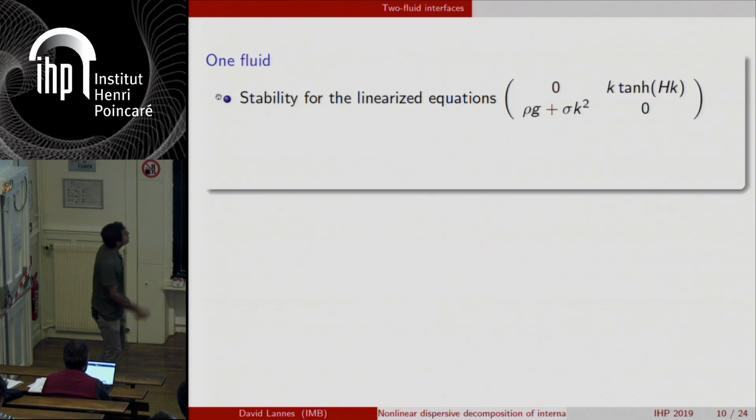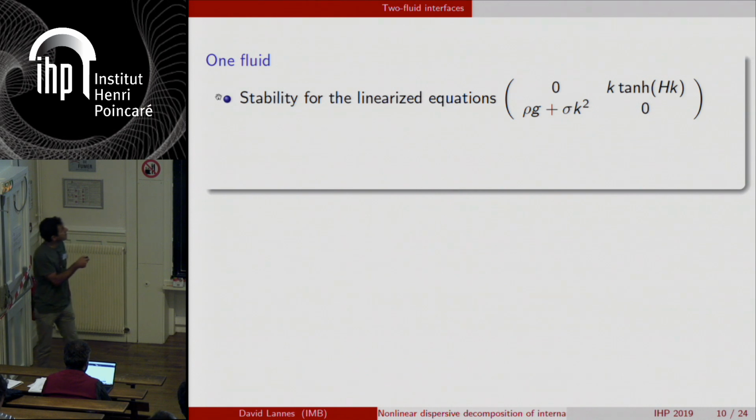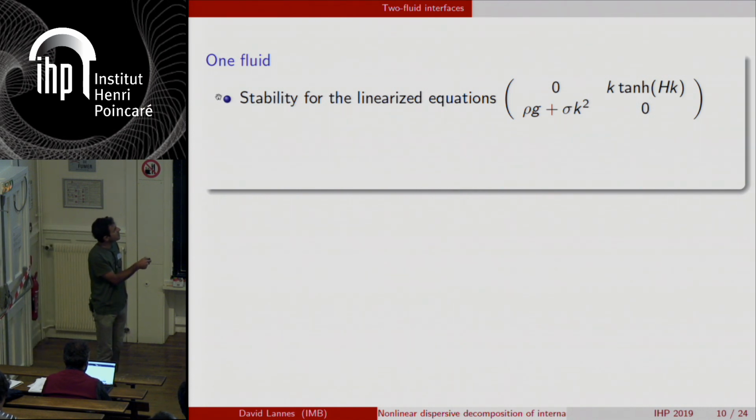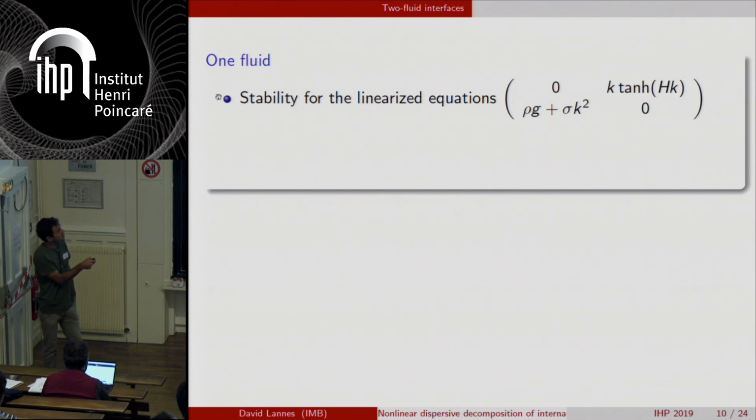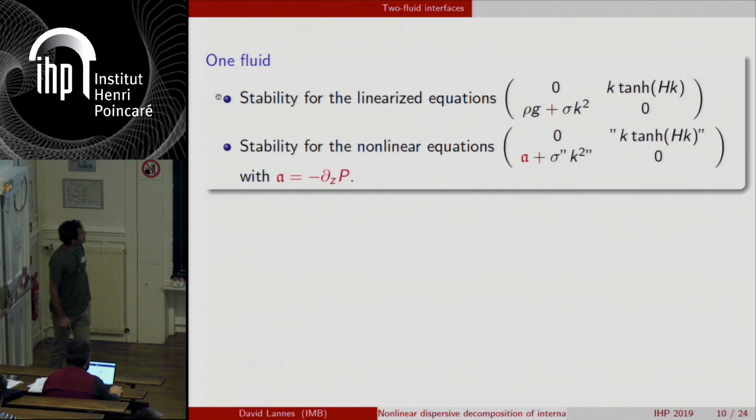When we had one fluid, I said that, at least in the linearized case, the stability was governed by this matrix, which for each mode k is this, k tangent hyperbolic of hk, and this one. In the case of the nonlinear equation, this was stable if g was positive, and this is replaced by positivity of the Rayleigh-Taylor coefficient.